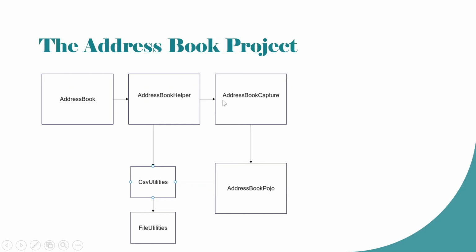And that's going to be called address book capture. And then I'm going to create a Pojo. We've just done that now, and that was the address book Pojo. And I'm going to reuse these libraries, the CSV utility library and the file utility library. Because I'm lazy, I don't want to reinvent the wheel.